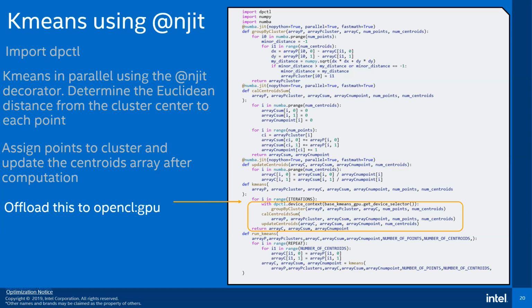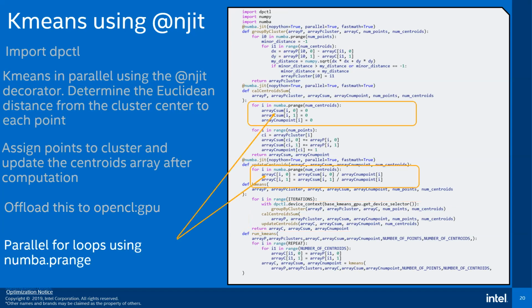So the k-means is calculated on the device side. And you can observe the usage here, explicitly calling the for loop with numba.prange. This is the explicit way of calling the numba.jit decorators, as we talked about before.